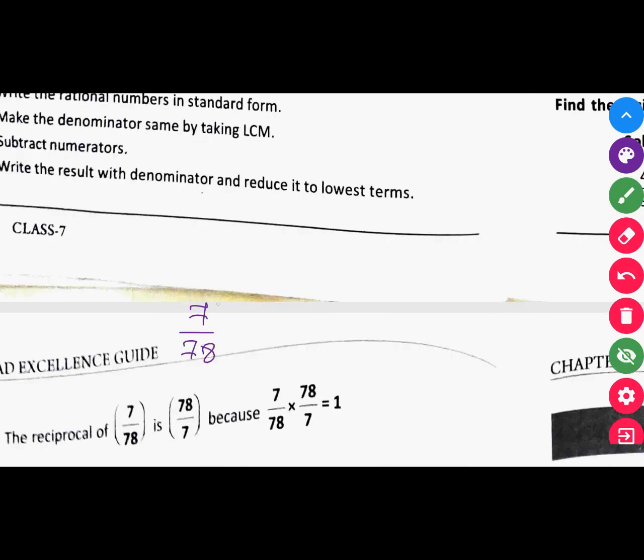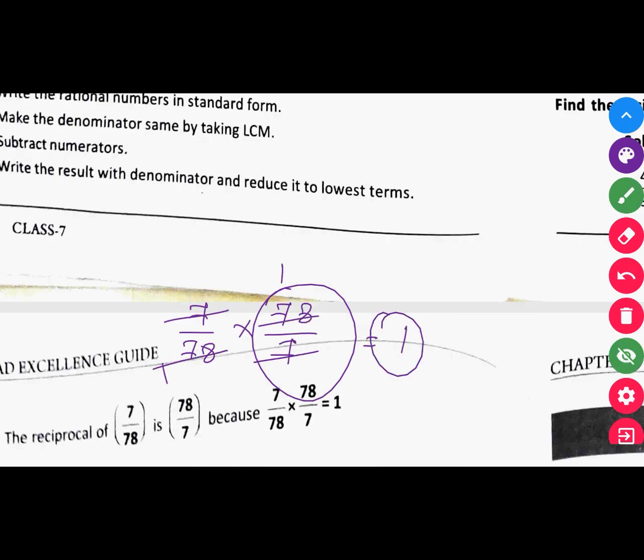So if we have to find the reciprocal of it, we know its product is 1. So 78 upon 7, if we take, then 7 and 7 cancel, 78 will get cancelled, so their product is 1. So to find the reciprocal, what we have to do is simply change the position of numerator and denominator.